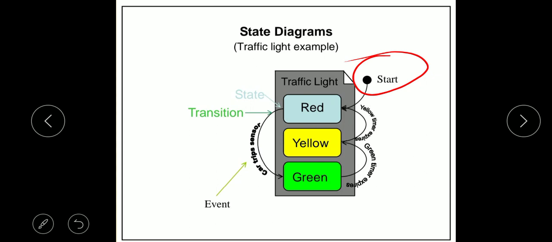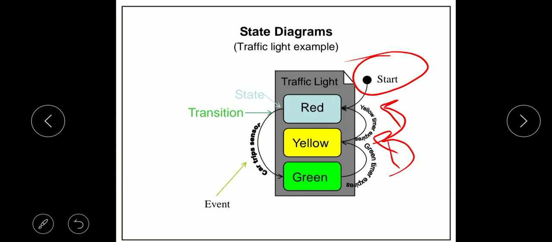When the green timer expires, if it is a fully automated system with a timer, then it will become yellow. After that, whenever the yellow timer expires, the yellow will become red. And again when the red timer expires, it will become green. So it will continue and there is no stop.